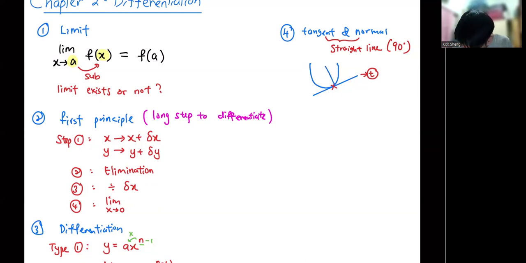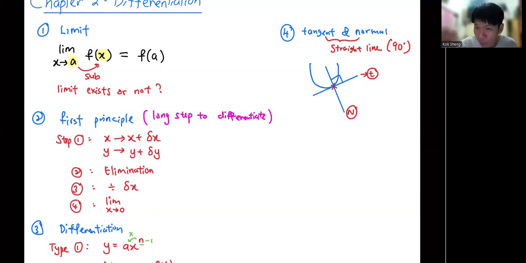So the normal line touches the same point, and it is perpendicular, 90 degrees, to the tangent. So this is the normal.